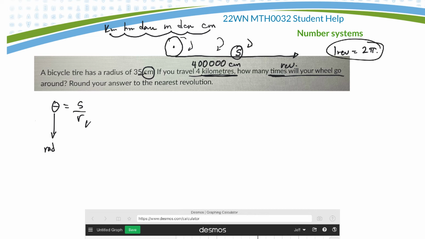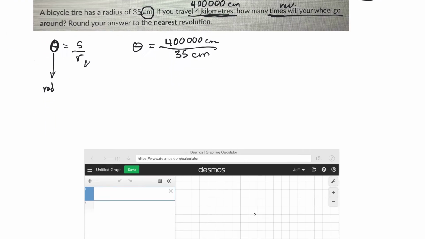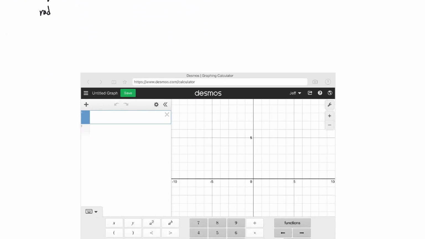Okay, let's start here then. They want to know how many times it'll go around, which is some kind of an angle measurement. So angle is equal to the arc length, 400,000 centimeters, over the radius, 35 centimeters. Let's do that on our calculator here.